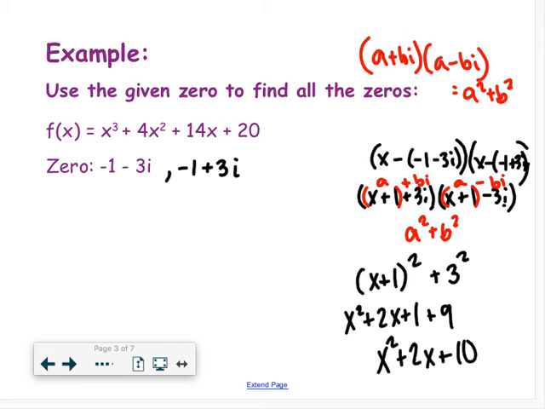And then you'll multiply the 1 by everything. So you'll get plus x plus 1 minus 3i. And then you'll multiply the 3i by everything. So you'll get plus 3ix plus 3i and then minus 9i squared.